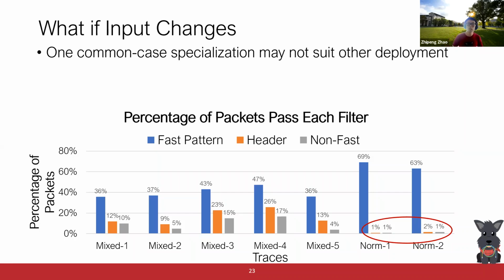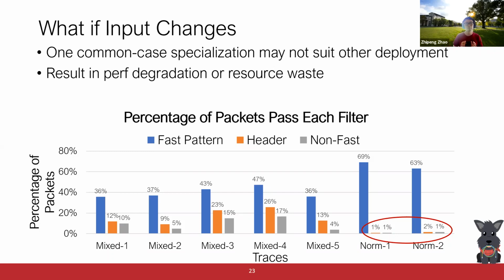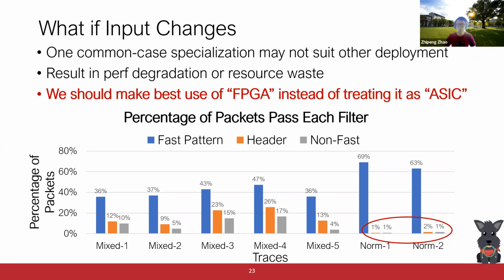So the point we want to make is that a common case specialization may not suit our deployment. It could either result in performance degradation or resource waste. Since we are using FPGA, we can reprogram the designs in order to fit different scenarios.